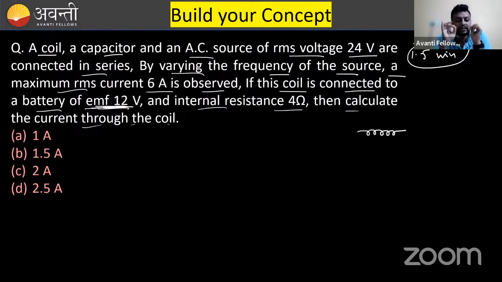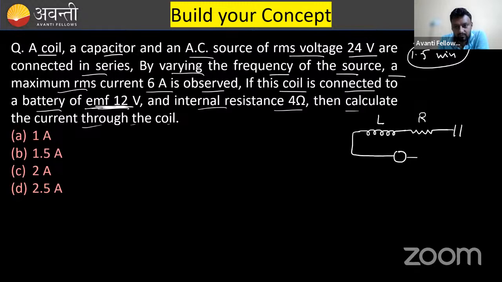It is not mentioned in the question that it is resistanceless. If you are making a coil of a conducting wire, then this wire will have some resistance. Let's suppose this resistance is R, this inductance is L, and a capacitor. All these things are connected with an AC source.